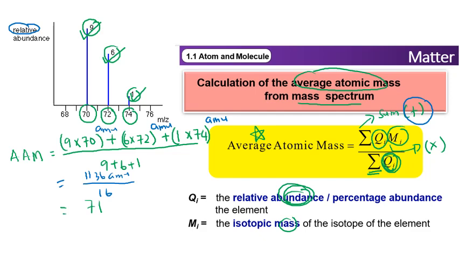So the final answer will have the unit AMU. What does AMU stand for? Atomic mass unit. This is the smallest unit for the mass.